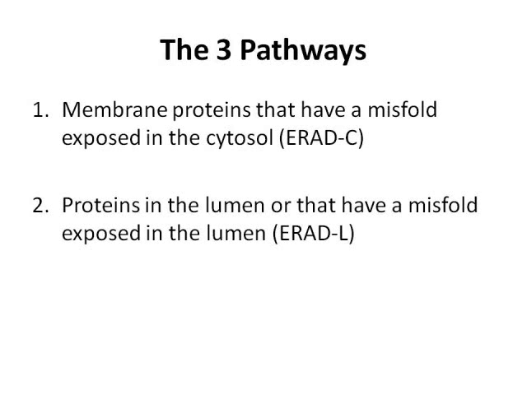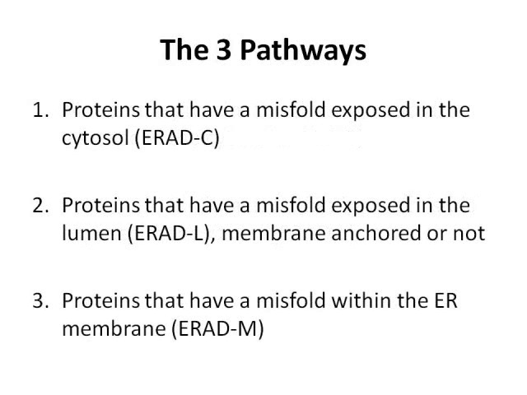Secondly, there are proteins that are either located within the membrane and have a luminal domain where the misfold has occurred, or are completely solvated in the lumen and are misfolded, and these proteins follow the ERAD-L pathway. Thirdly, there are proteins that have a misfold within the ER transmembrane domain, and these proteins follow the ERAD-M pathway.